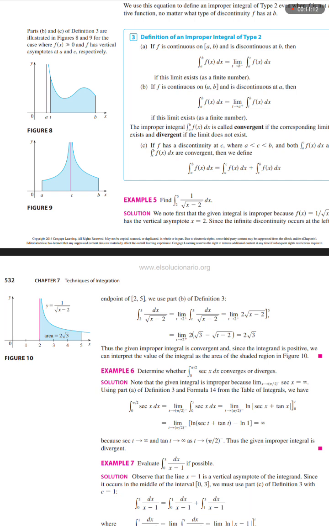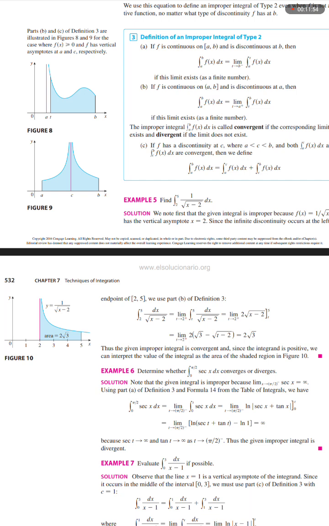This equals the limit as t approaches 2 from the right of 2 times the square root of x minus 2 on the interval from t to 5, which equals the limit as t approaches 2 from the right of 2 open the square root of 3 minus the square root of t minus 2 close, which equals 2 times the square root of 3.